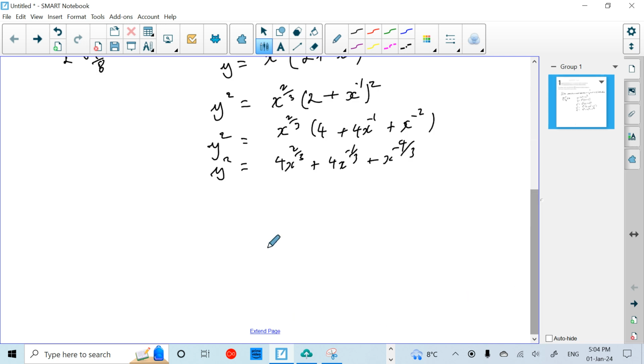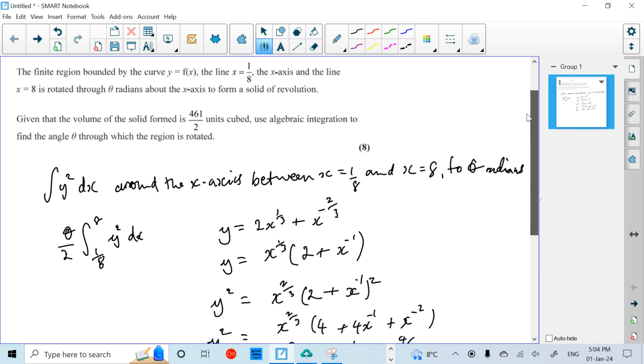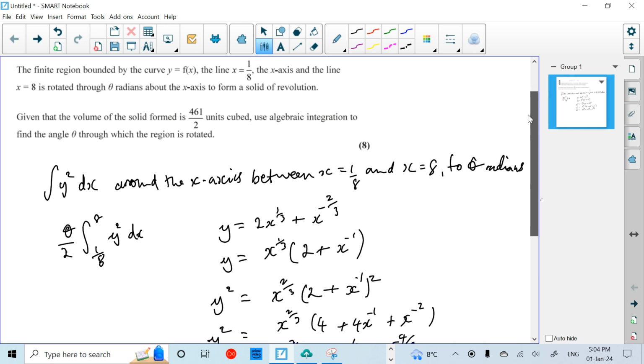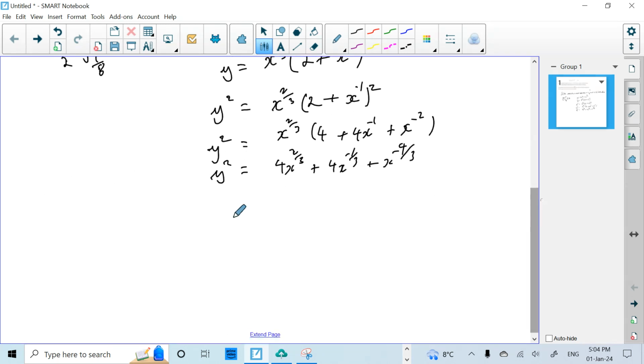And now we're going to put that all in, because it says given that the volume of the solid formed is 461 over 2. So we're going to use that. We're going to use 461 over 2 is equal to theta over 2 radians times the integral between 8 and 1 over 8, these are bounds, of 4x to the 2/3 plus 4x to the minus a third plus x to the minus 4 over 3.